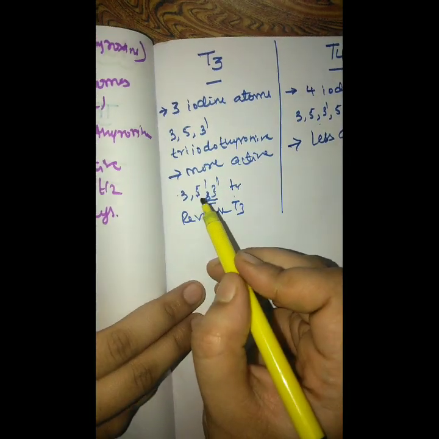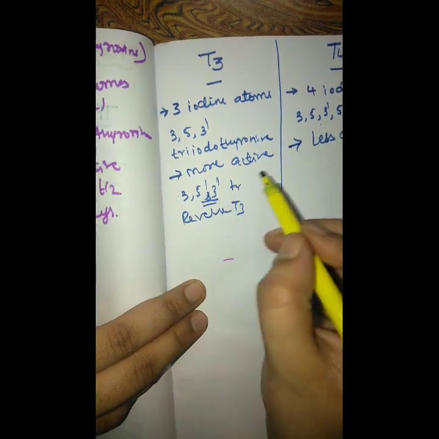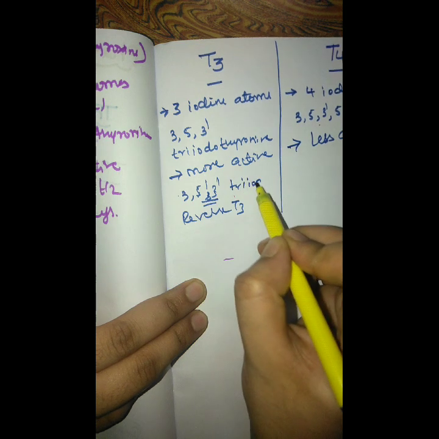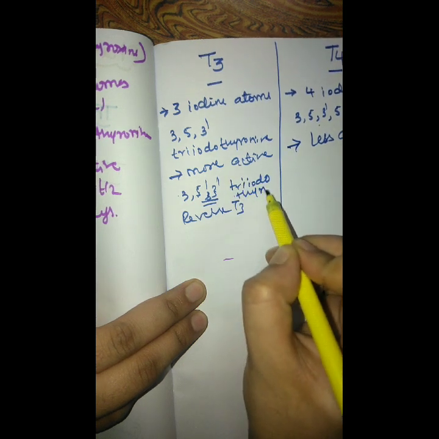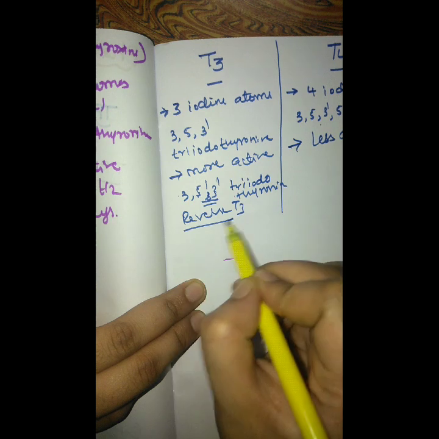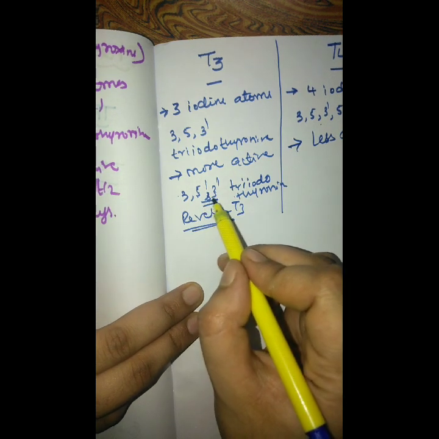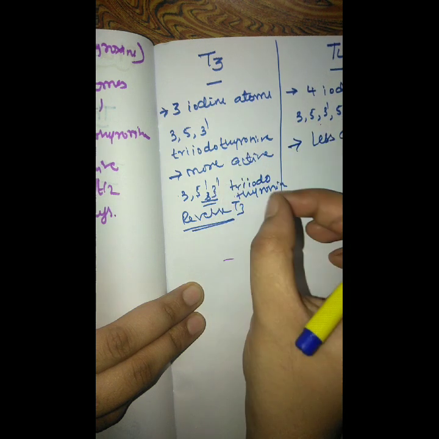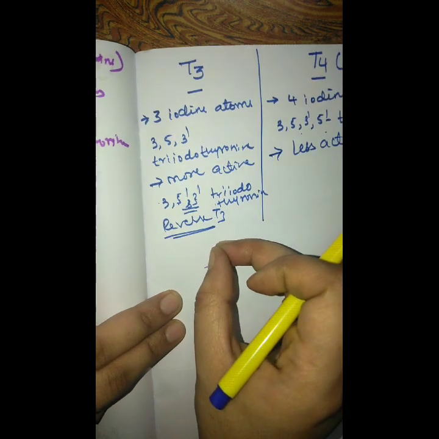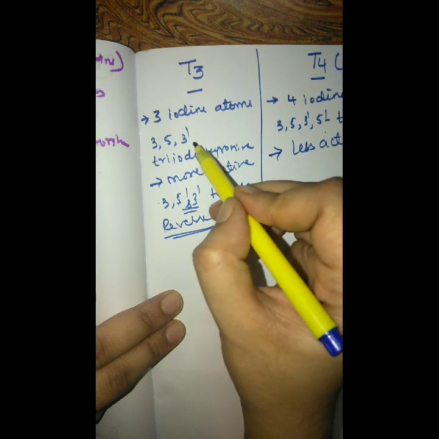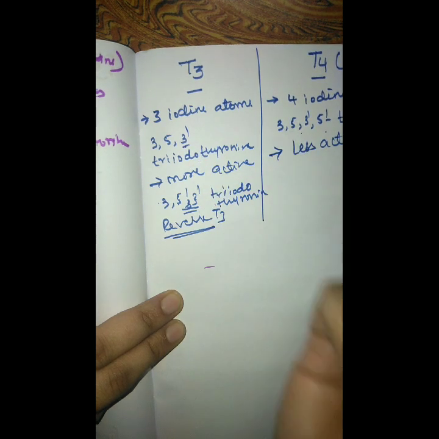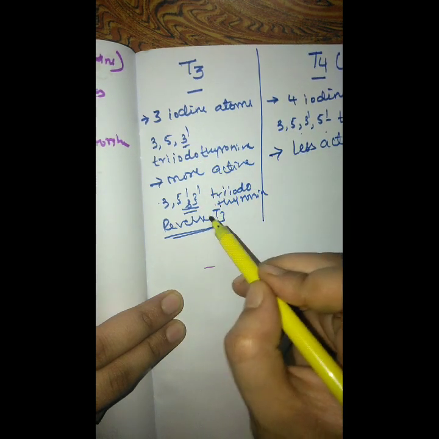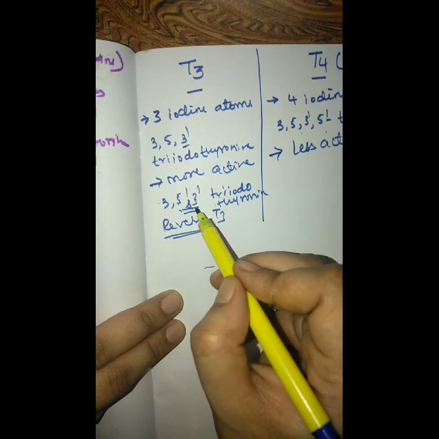So T3 is active but reverse T3 is less active, because in normal T3 we have only one place where prime is there, but in reverse T3 there are two.